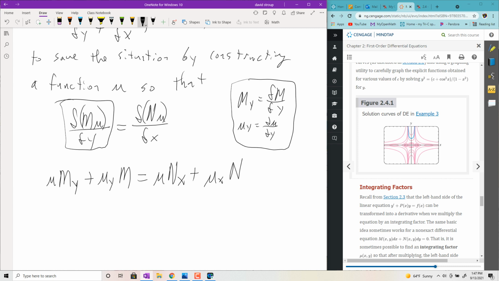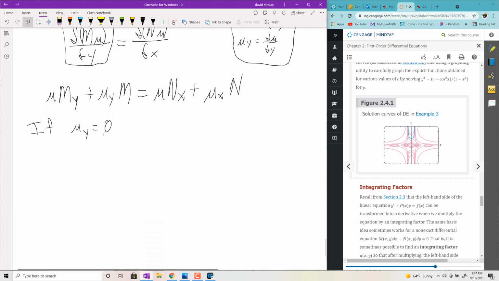All right, so if you have that mu sub y is equal to 0, then you can kind of solve this equation for the integrating factor. So in this case, mu m sub y plus 0, right, because mu sub y is 0, so 0 times m is just going to be 0. Mu times m sub y would equal mu times n sub x plus mu with respect to x times n.